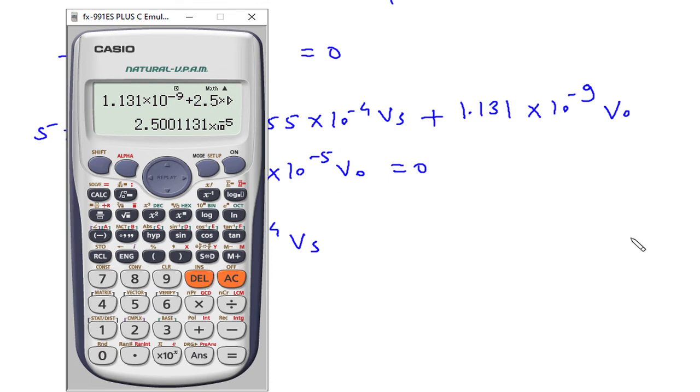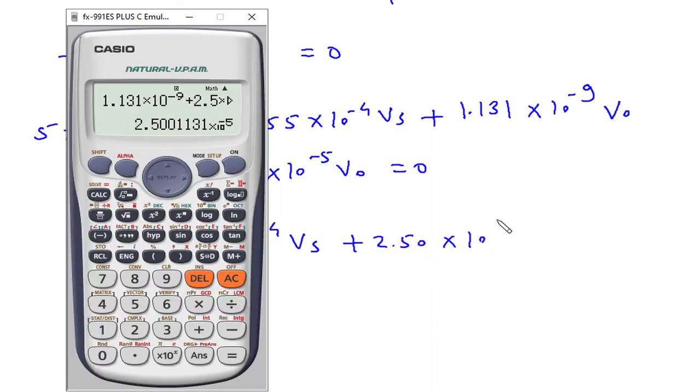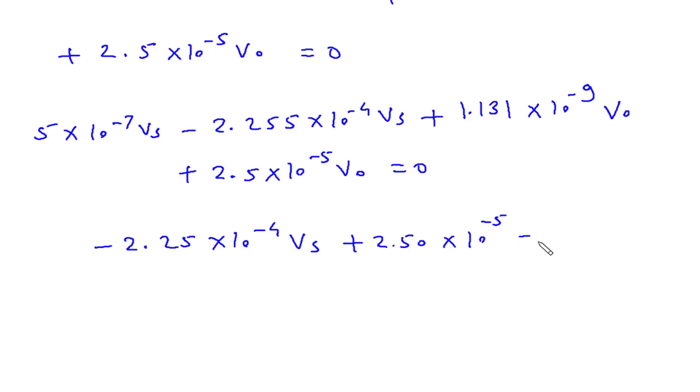So this will be plus 2.50 into 10 to the power minus 5 VO is equal to 0.